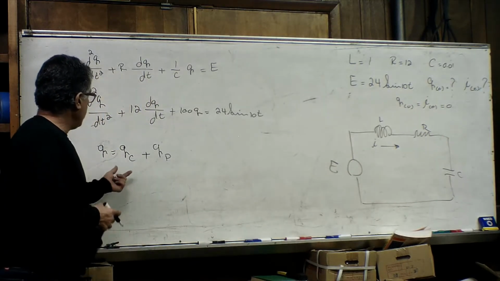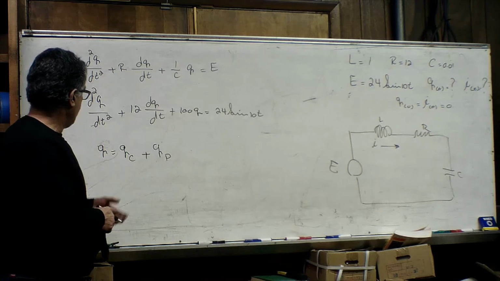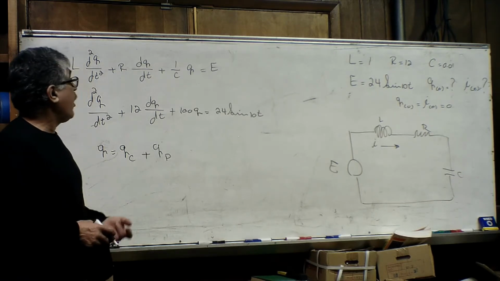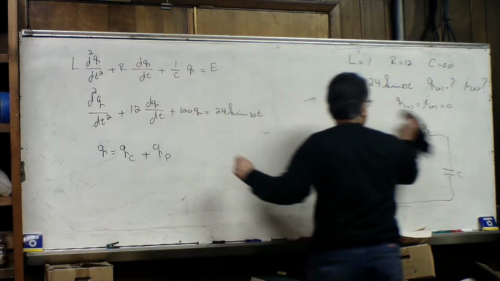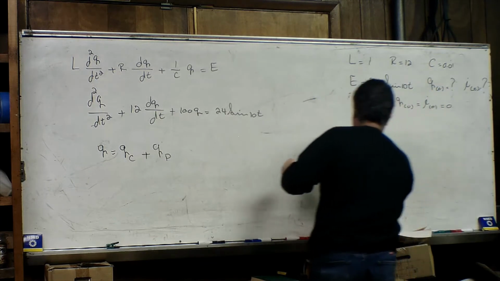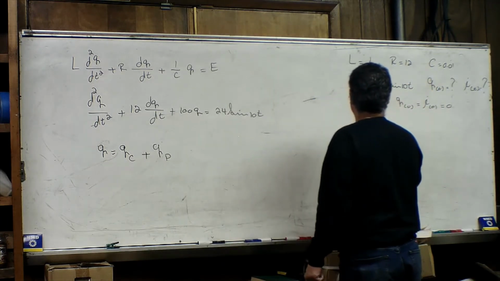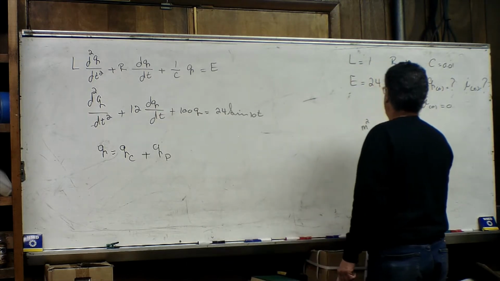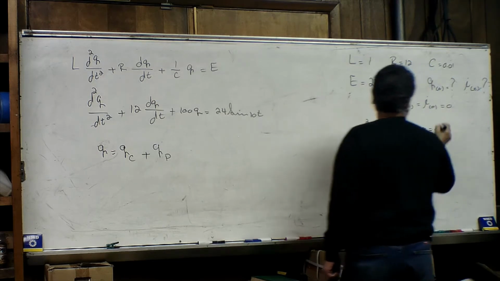So in order for us to solve for the corresponding homogeneous portion, we can use the auxiliary polynomial and write this portion as m squared plus 12m plus 100 is equal to 0.